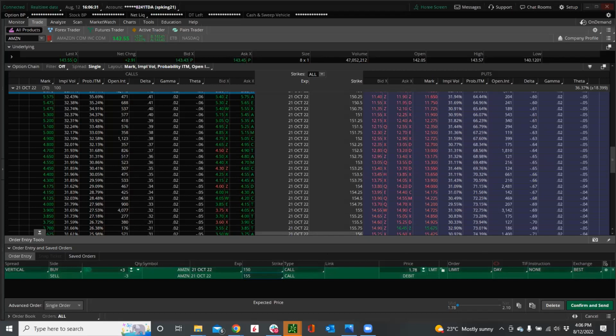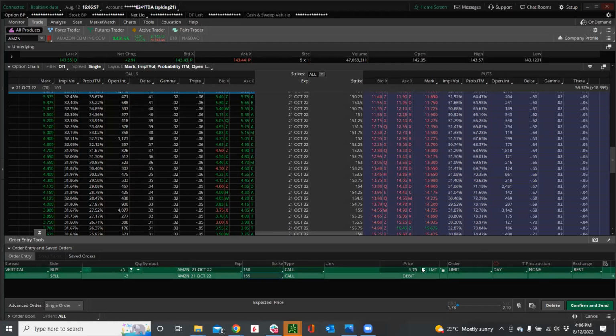The maximum gain is capped at the difference between the two strike prices, right? So you have 150 here and 155 here, so that's a $5 difference between those two. So the maximum gain is the difference between these two prices, $5, less the net debit cost paid to initiate the position.